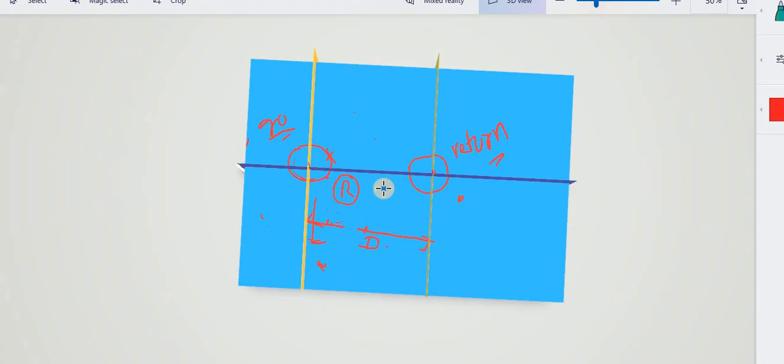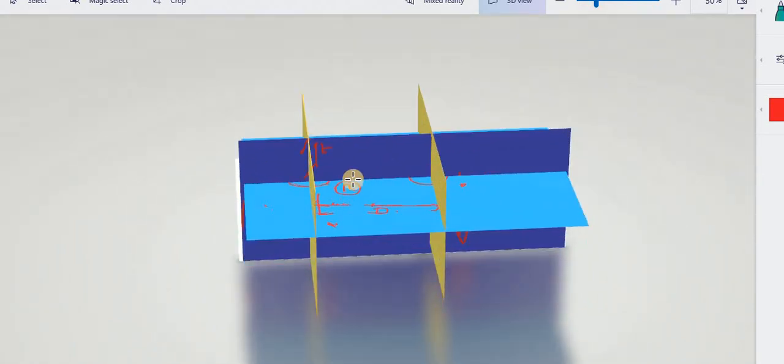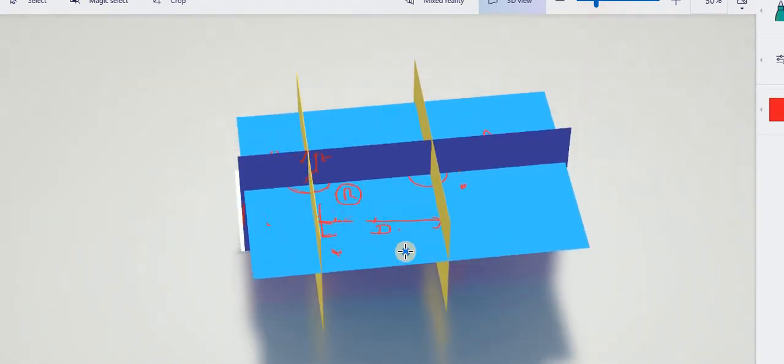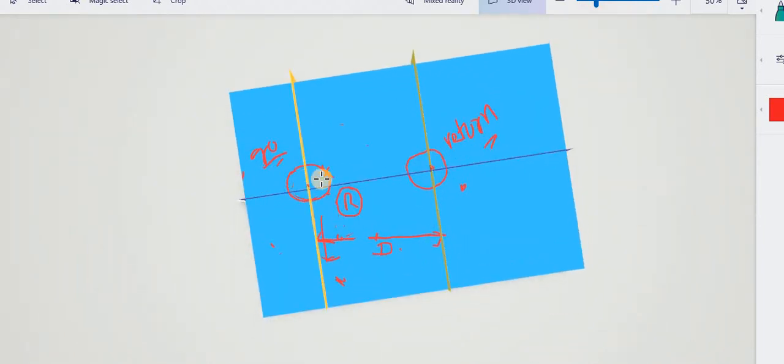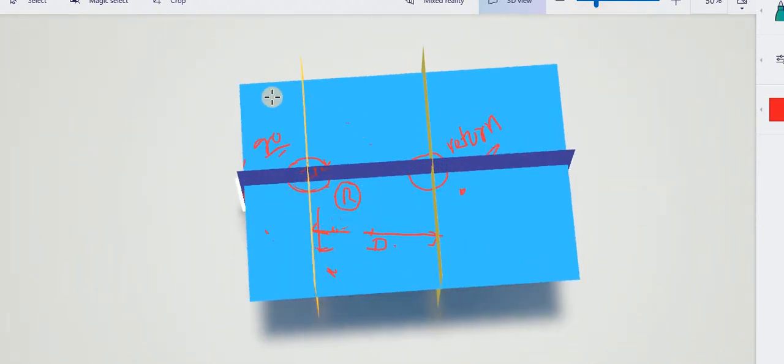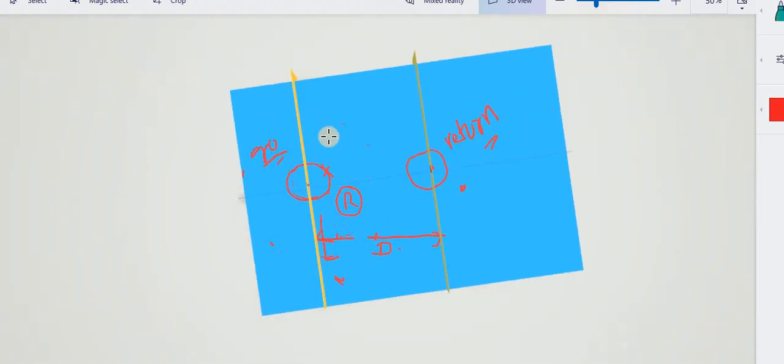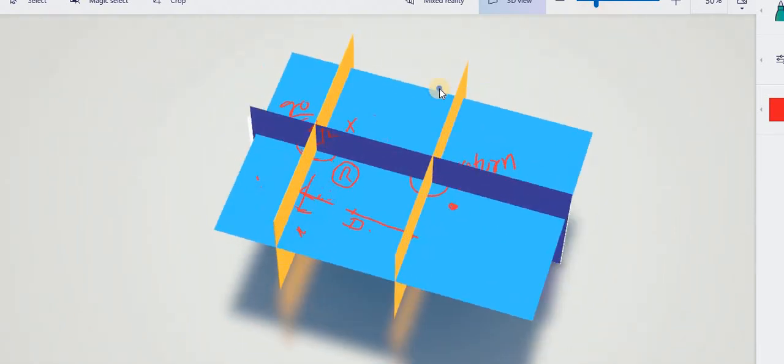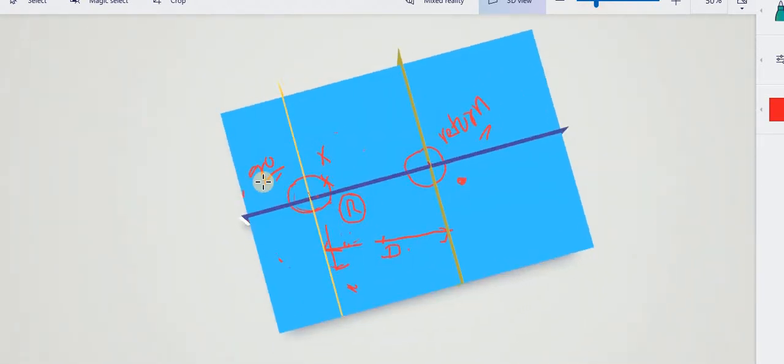In a plane, the current coming in and going out can be presented as a cross and a dot, as is the convention.